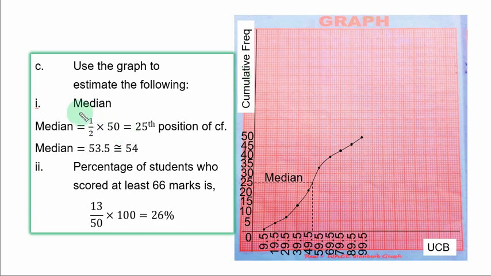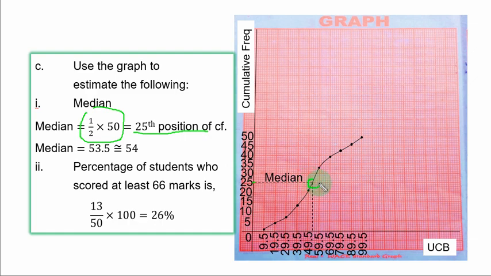Now median is half of the total frequency. That is half of 50, and that is 25 position of cumulative frequency. So you come here, this is the axis for cumulative frequency, and you mark 25, you trace it to the curve.